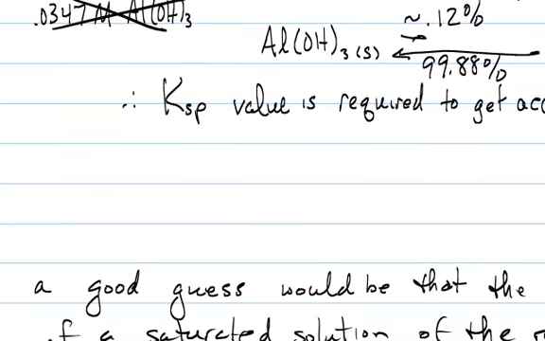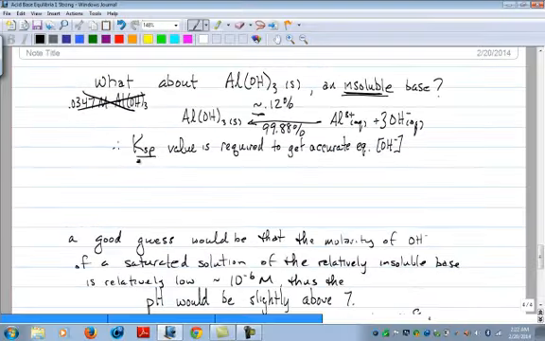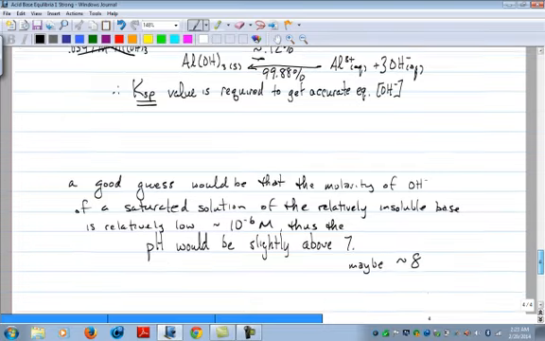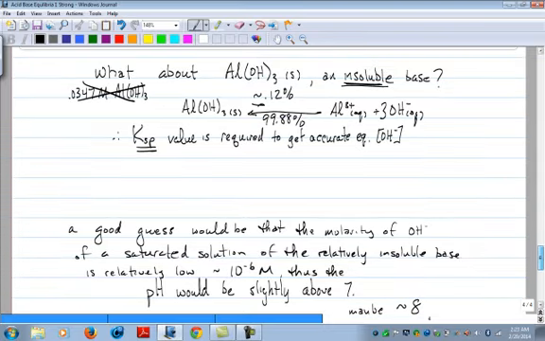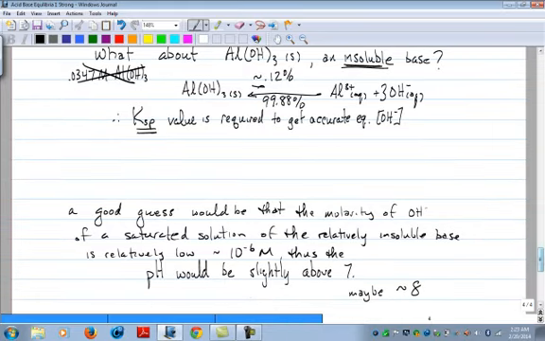You would have to be given some kind of solubility product constant value for aluminum hydroxide, which will give you a quantitative measure of just how much aluminum hydroxide solid will dissolve per liter of solution. For now, we'll just take a qualitative guess.